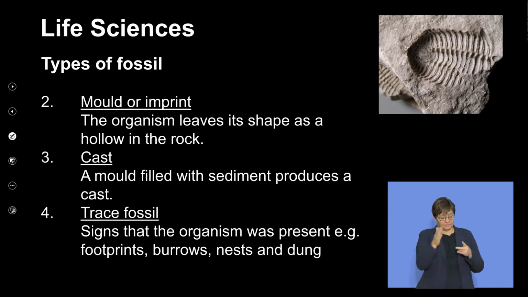Then we also find molds, which is where the organism dies, it's covered by sediment, and then it decomposes. So the only thing left is its shape, and the shape is as a hollow in the rock. It's not the actual animal that was there.